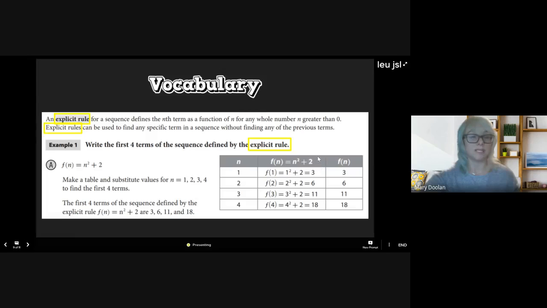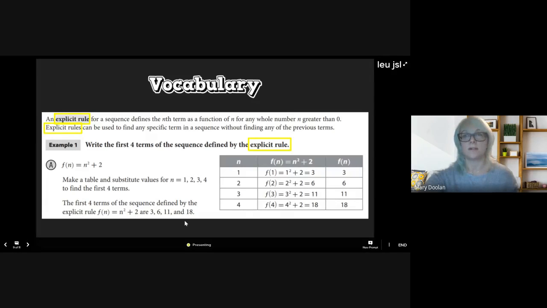We didn't really see a rule before, they just had the final answer. But the sequence is f of n equals n squared plus 2. So whatever your n value is, you square it, and then you add 2 to it. 1 squared plus 2 is 3. 2 squared plus 2 is 6. 3 squared plus 2 is 11. 4 squared plus 2 is 18.